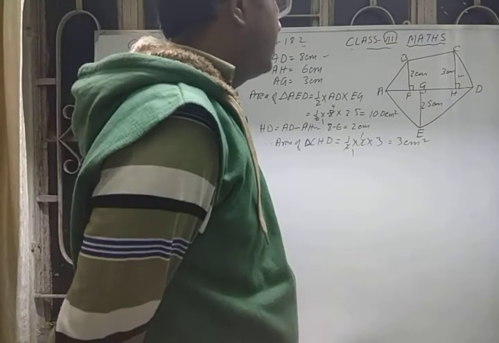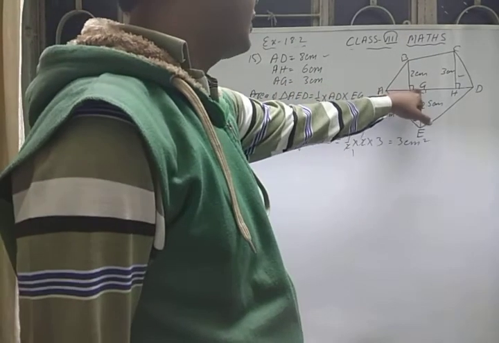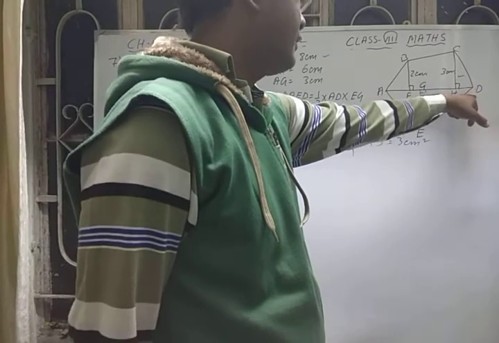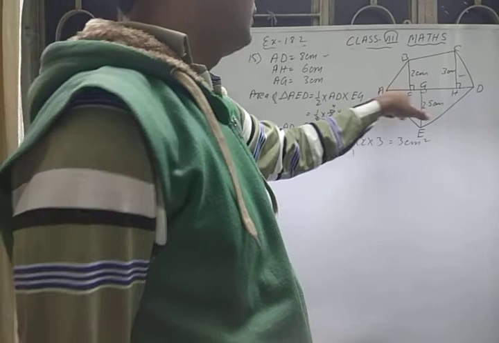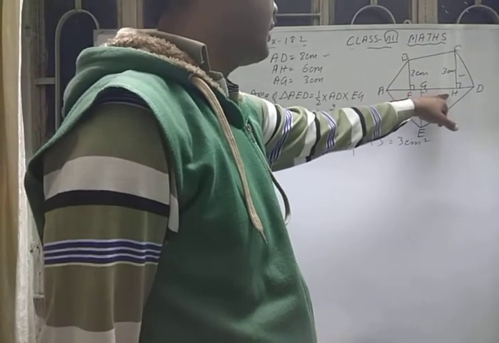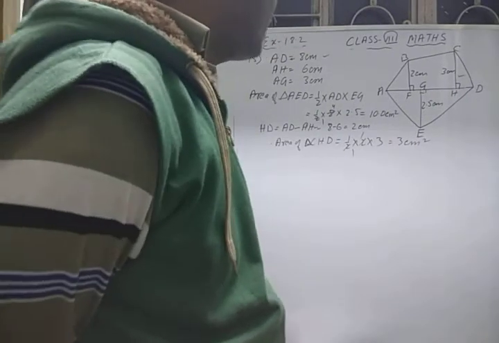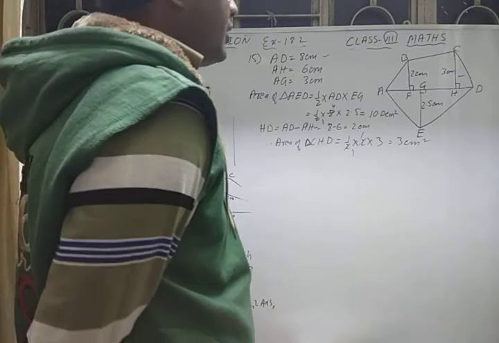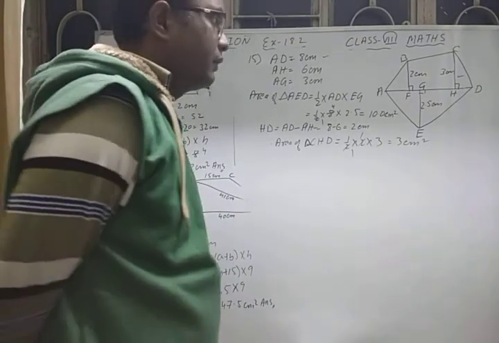You have the length AG, that is 3 centimeter. You have the length AD as 8 centimeter, and you have the length of AH, that is equal to 6 centimeter. Now, how will you find the length of HF?